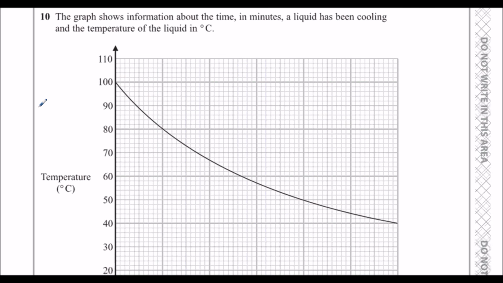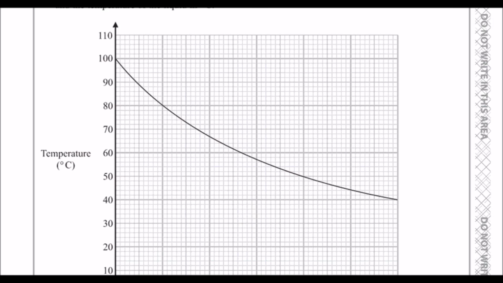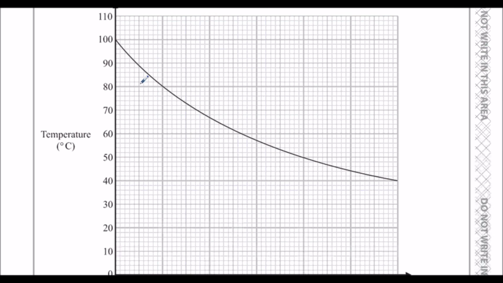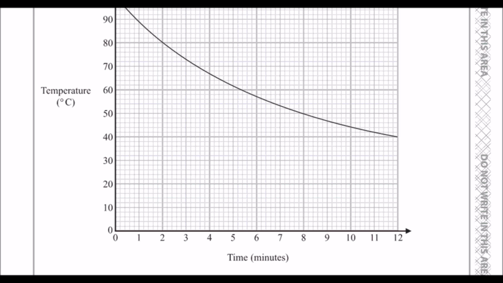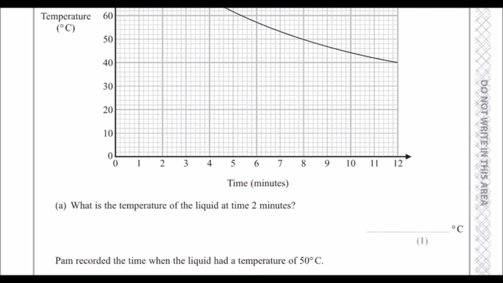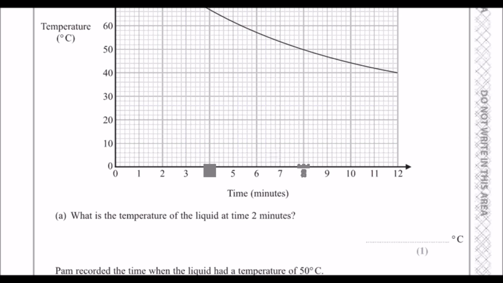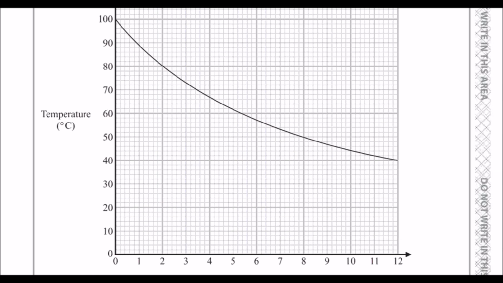Question 10. The graph shows information about the time in minutes a liquid has been cooling and the temperature of the liquid in degrees Celsius. So it starts at 100 and the temperature goes down as the time goes up. What is the temperature of the liquid at time 2 minutes?